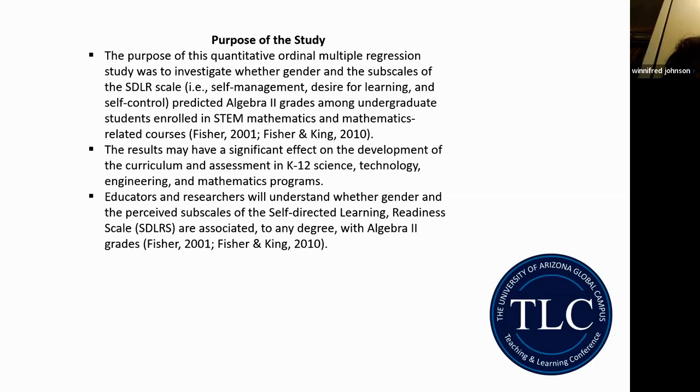The results may have a significant effect on the development of the curriculum and assessment in K-12 students' technology, engineering, and mathematics program. Educators and researchers will understand whether gender and the perceived subscales of self-directed learning readiness scales are associated to any degree with Algebra II grades based on Fisher and King.